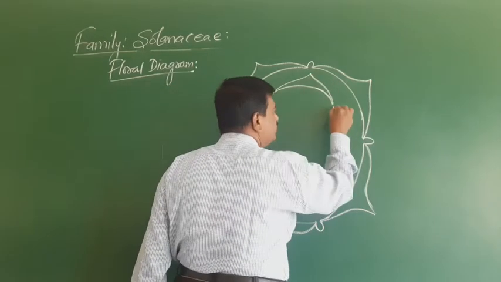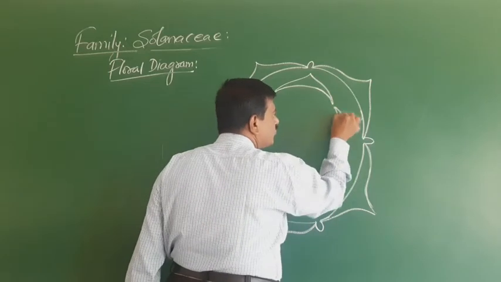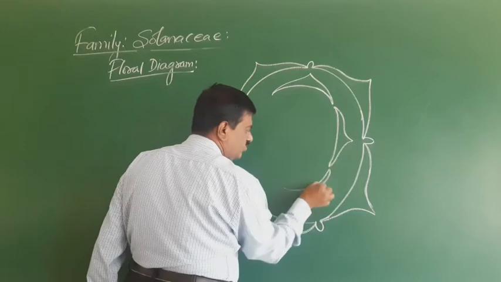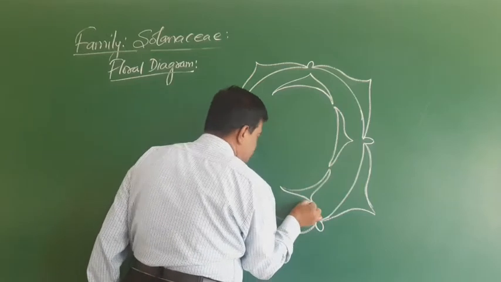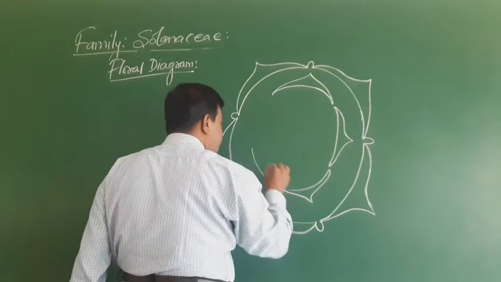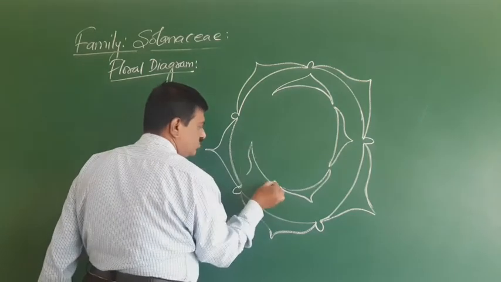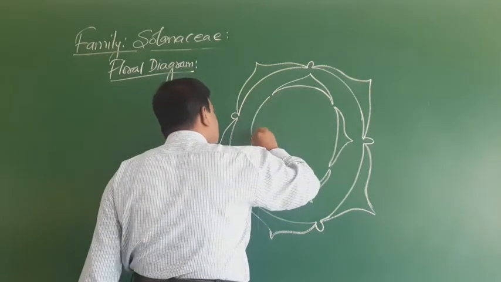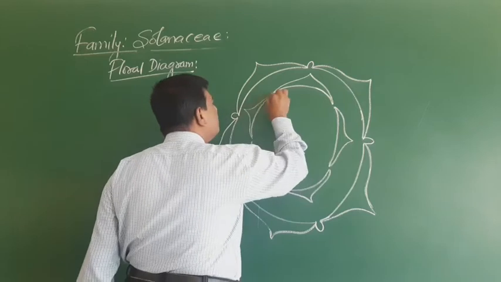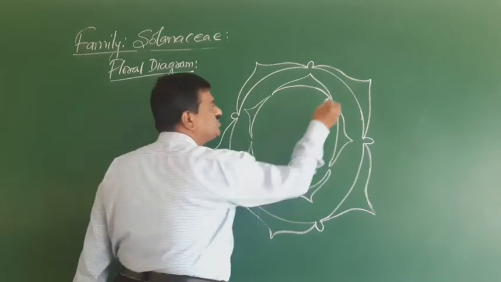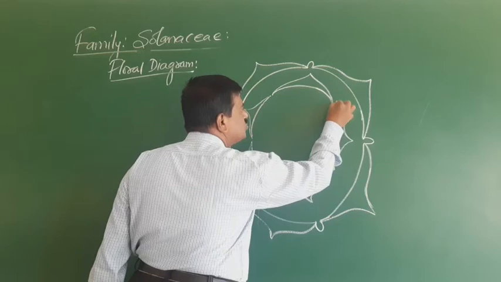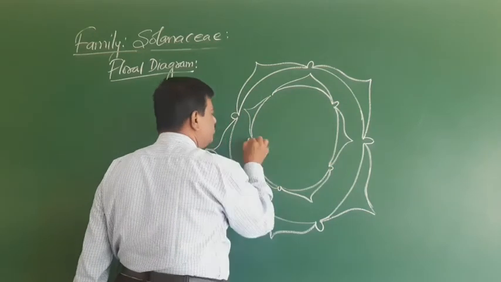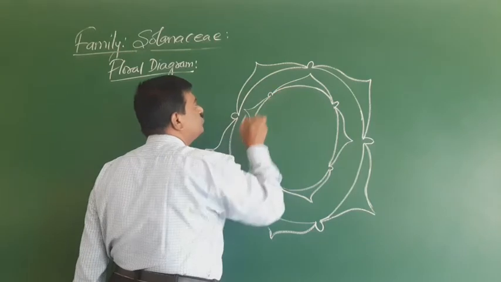This is the first one, and this is the second one, and this is the third one, and this is the fourth one, and this is the fifth one. Now all this again is fused, so we are going to write this like this. So here the petals are fused.